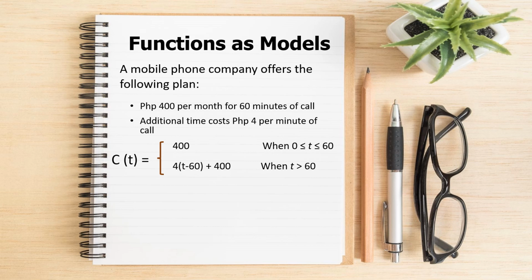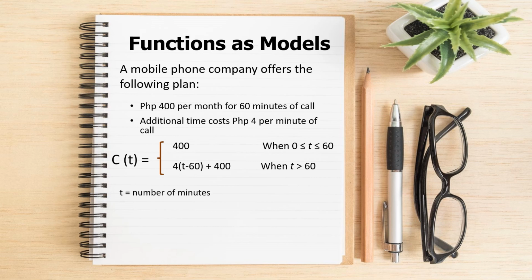Another formula, when your time is greater than 60, you will use C of T equals 4 times (T minus 60) plus 400. And that is how we divide the domain, and that is how we create different formulas for different situations or cases.